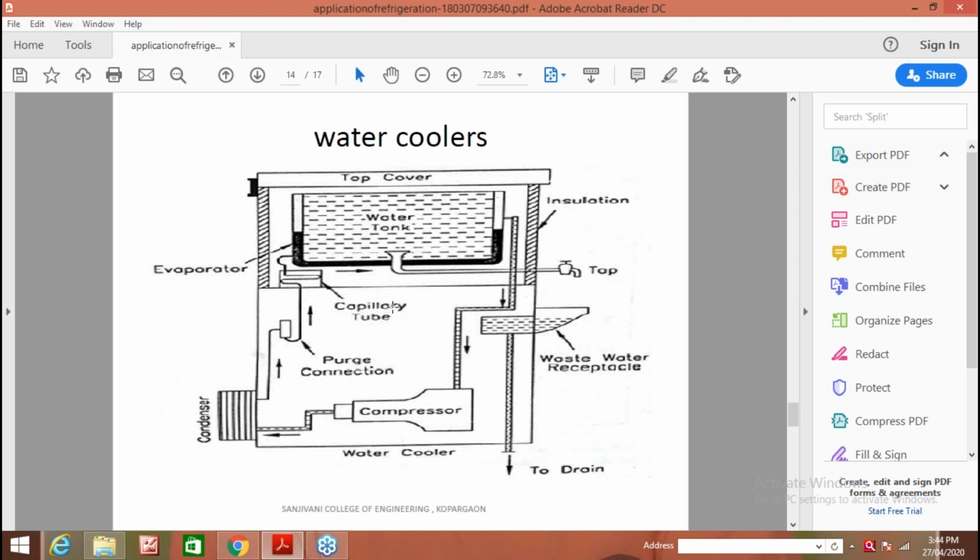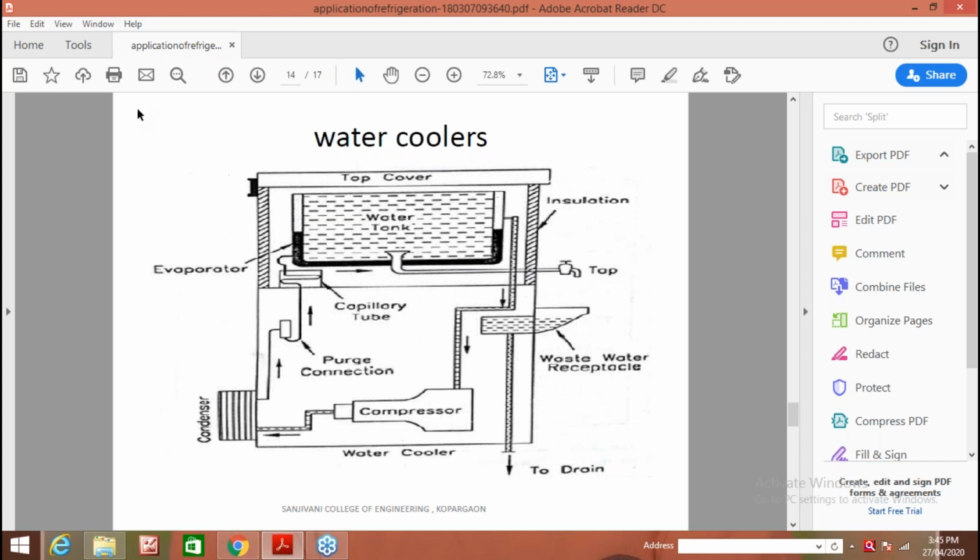The function of the domestic refrigerator and water cooler is almost the same. Both are working on the simple vapor compression cycle, and both are using F12 as the refrigerant. The capillary tube in this water cooler is placed near the evaporator, and the compressor is placed at the bottom of the water cooler. Okay, it is very much like the domestic refrigerator.